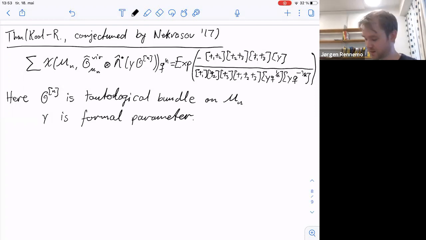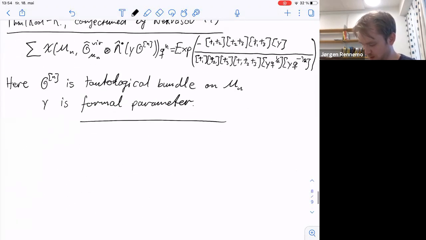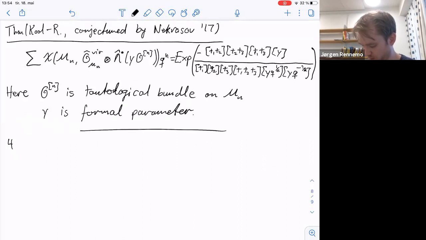This Owen-Thomas invariant is something you can define using very general abstract machinery. But for this case, we actually only need a very simple thing, which is the 4D toy model, which is the following thing.